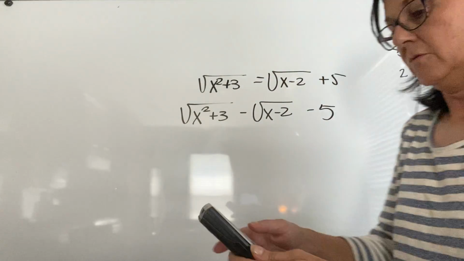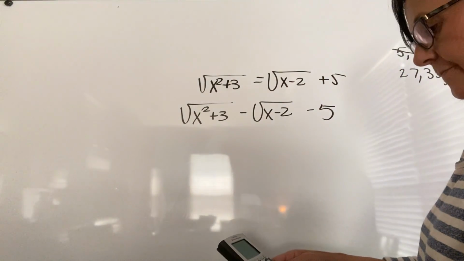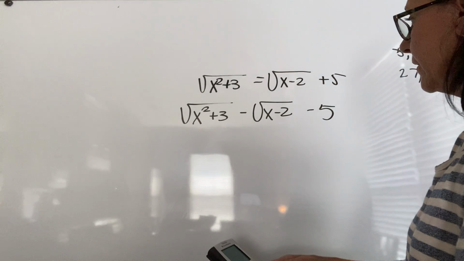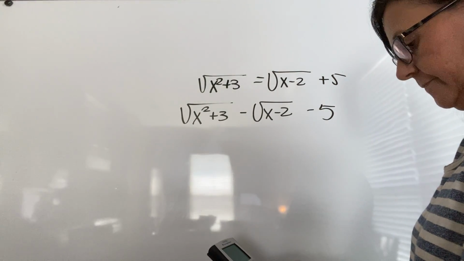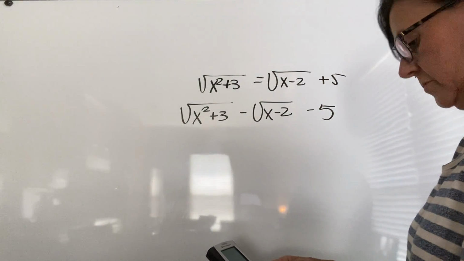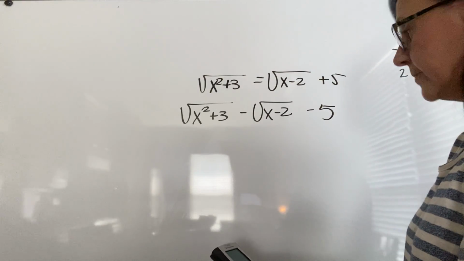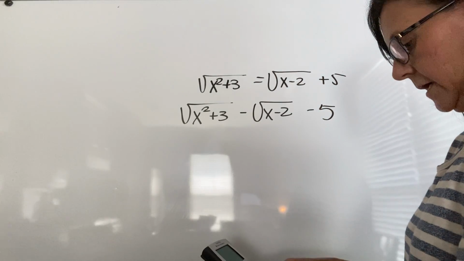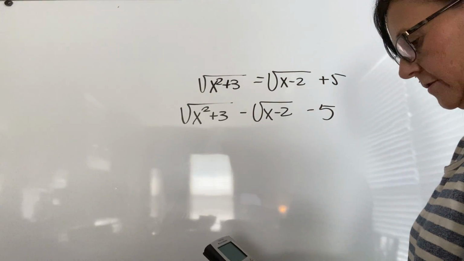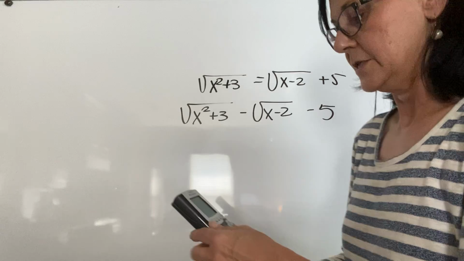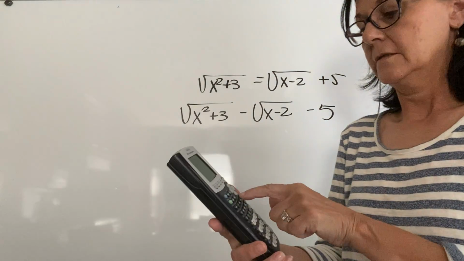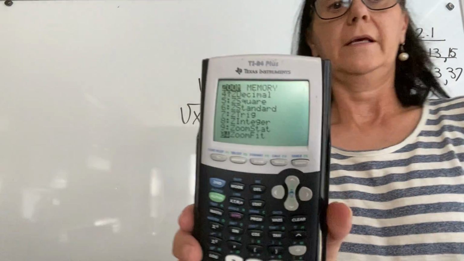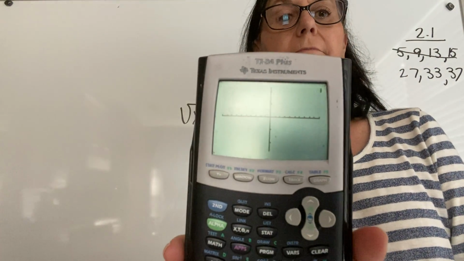All right, Y equals, clear it out, square root of X squared plus 3, go out from under that radical, minus square root of X minus 2, X minus 2, go out from that radical, minus 5. Always start with my zoom fit. So I'm gonna go zoom fit and graph it and see what it looks like.